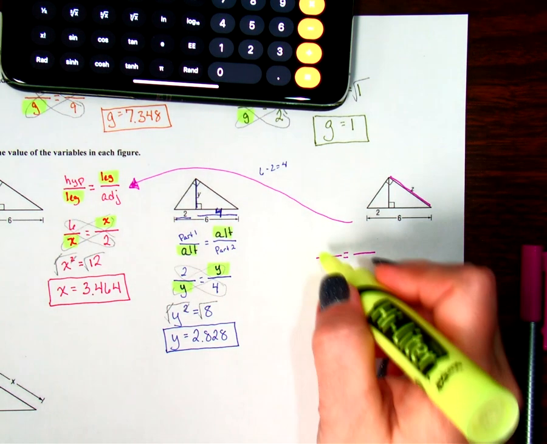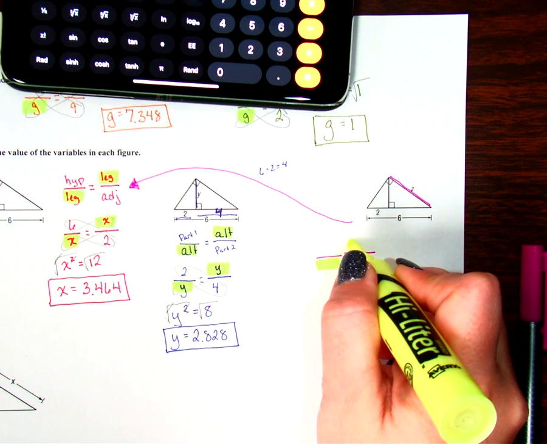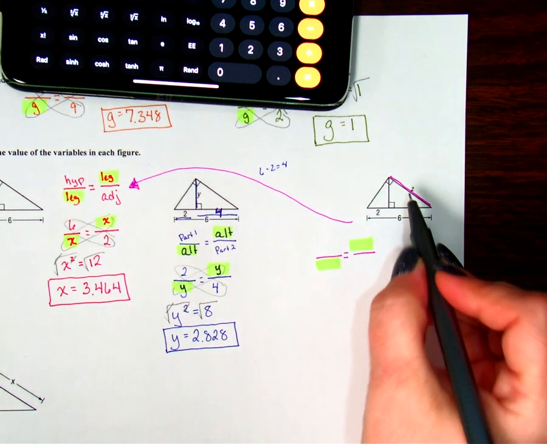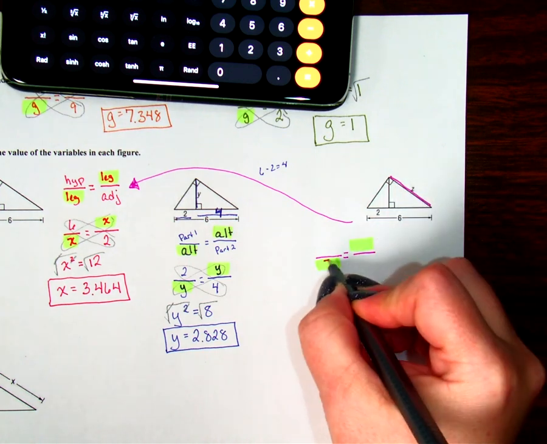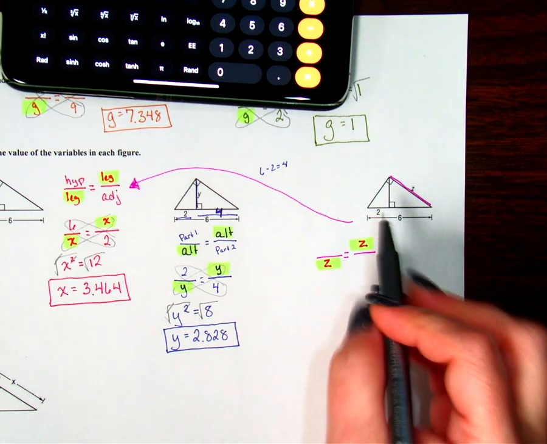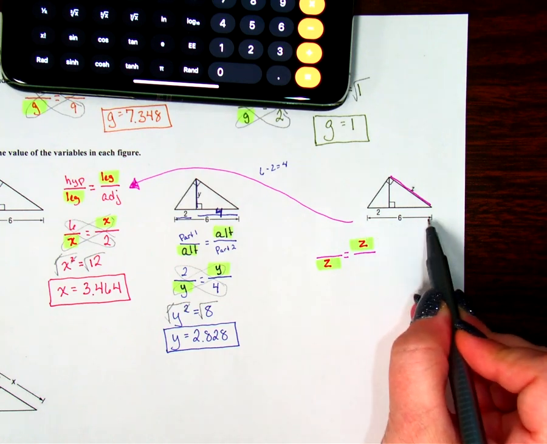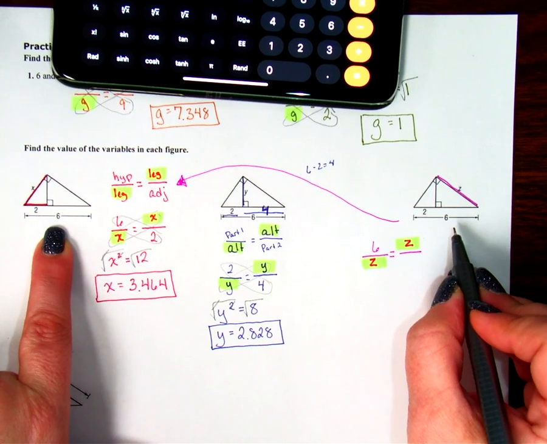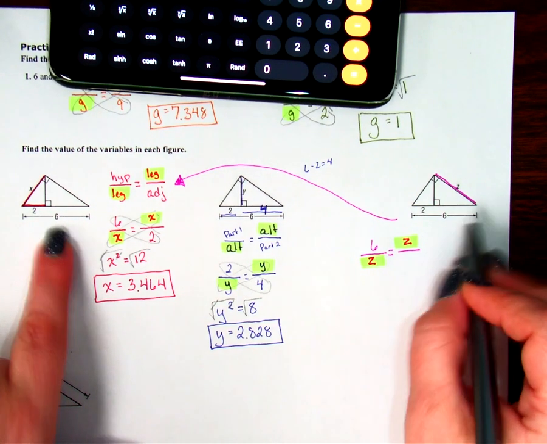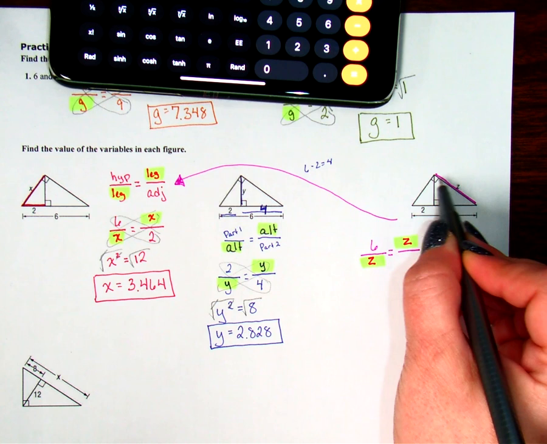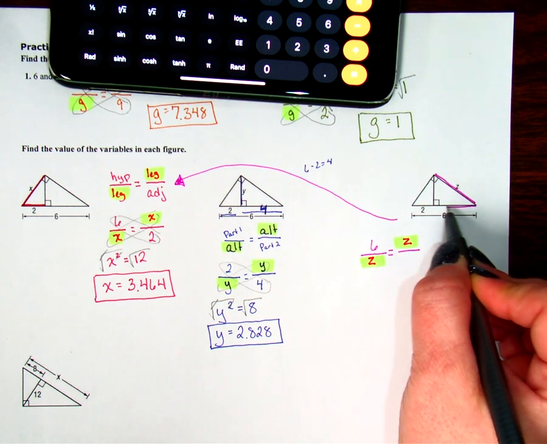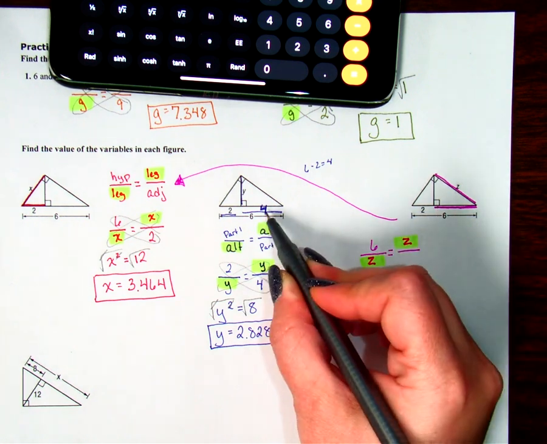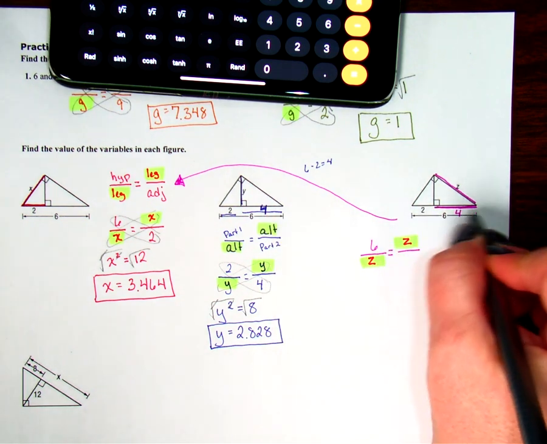So I'm going to go here and I'm going to go here. And my leg, Z, is the geometric mean between the whole hypotenuse, which it tells me here is 6, just like last time, right? The hypotenuse was 6, because it's the same picture. See my two? They're the same picture. But this time I want the adjacent part to Z, which is this piece. They didn't give it to me, but I figured out in the last problem what it was. That piece there is 4, so that all the way across is 6. 2 plus 4 makes 6.